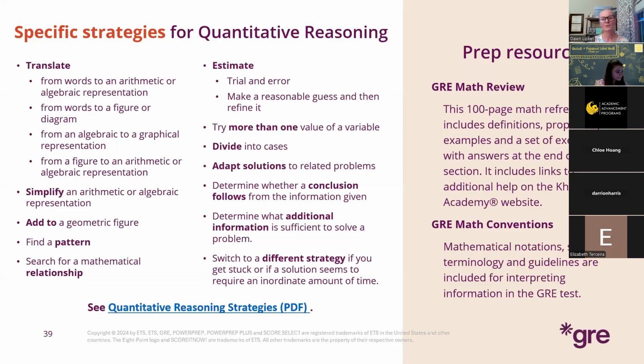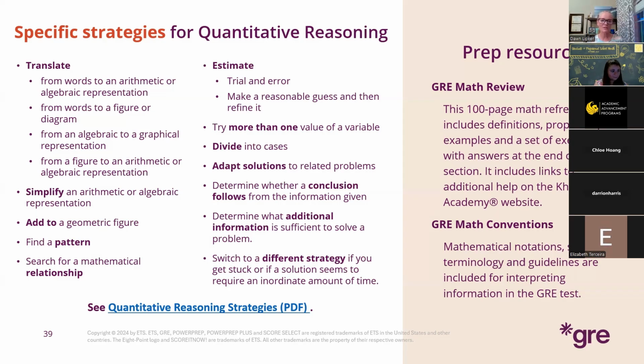I could have used that with my husband a couple of weeks ago. It's going to explain what they mean when they say estimate X, Y, and Z, or when they talk about geometric patterns for the GRE. Making sure that you're speaking the same language as the test itself.